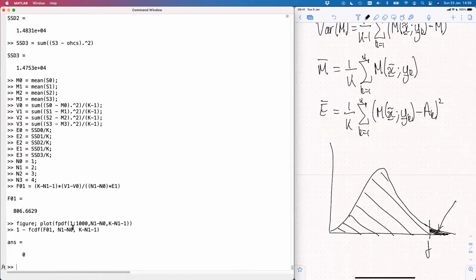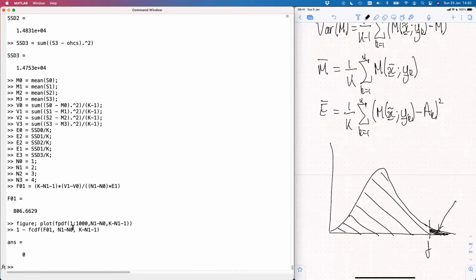Okay, and that gives us a value of 0. So that gives us a p-value for this null hypothesis of 0, which strongly allows us to reject the null hypothesis and accept the more complex of our two models, the linear one over the constant one.